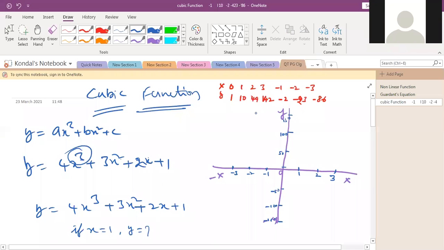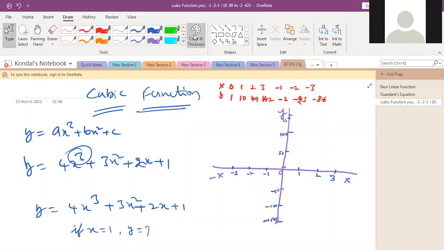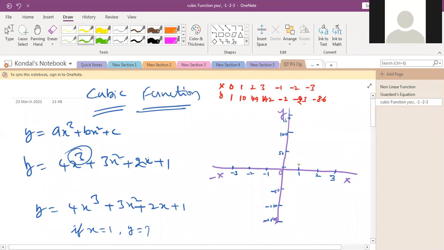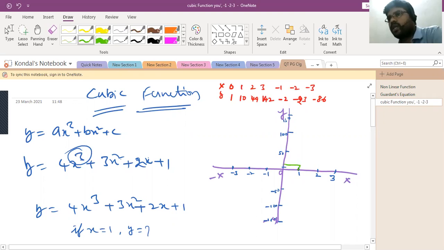Then x is equal to 1. What is the y value? 10. See, for example here, you can assume that this is a 10, this is a 1. Okay.